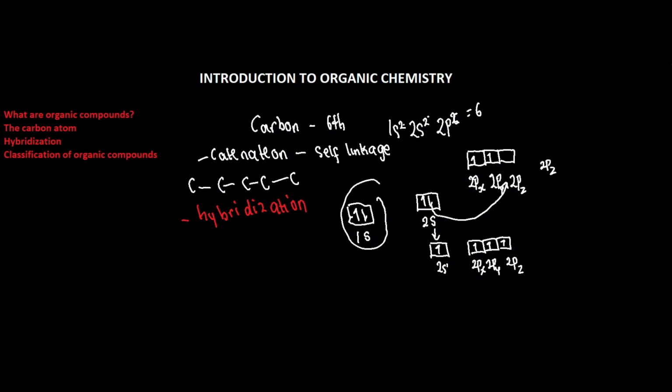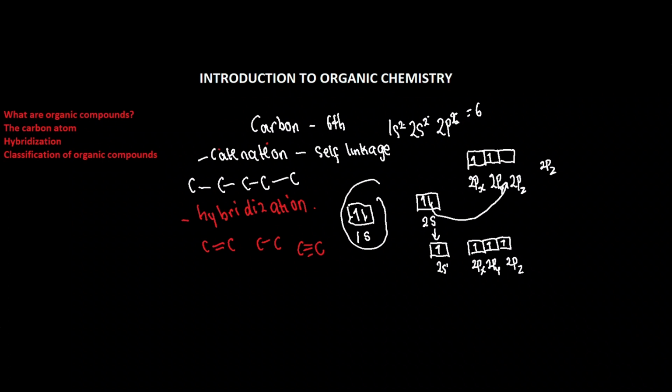So we'll come back to hybridization, but another quality, also falling under catenation, is the ability of the carbon atom to form double bond, single bond, and triple bond. This is also attributed to both catenation and hybridization. So let's move on to hybridization.